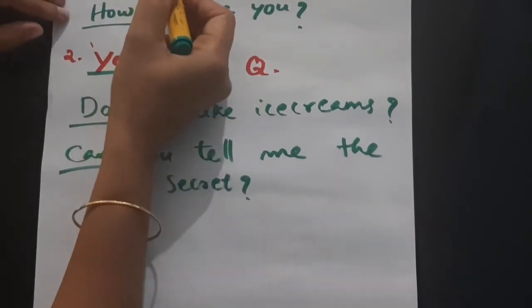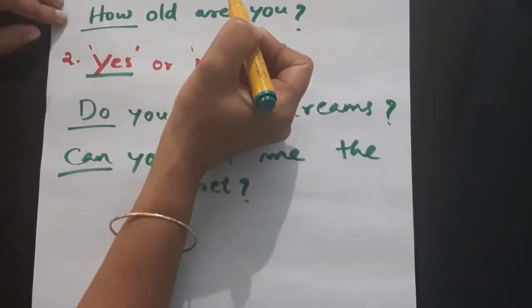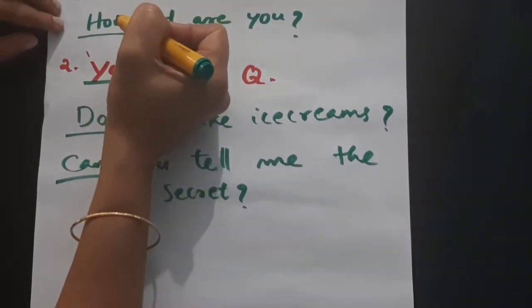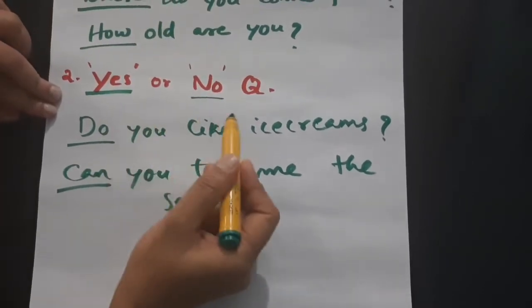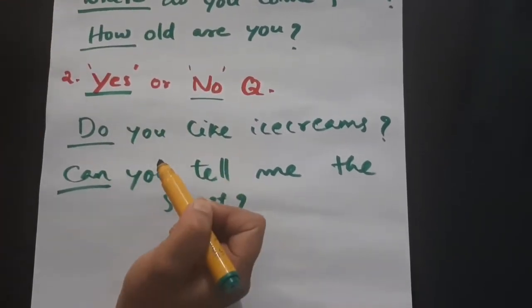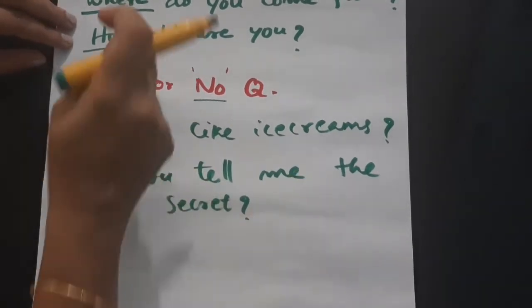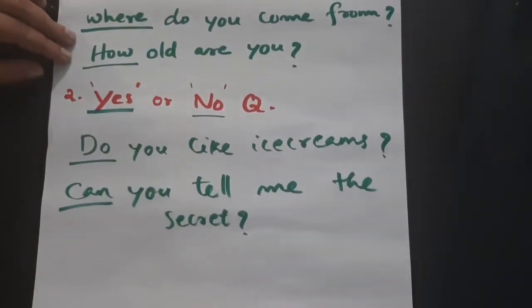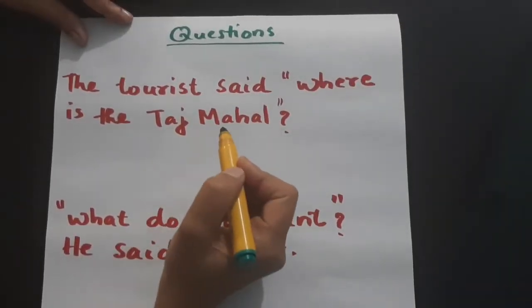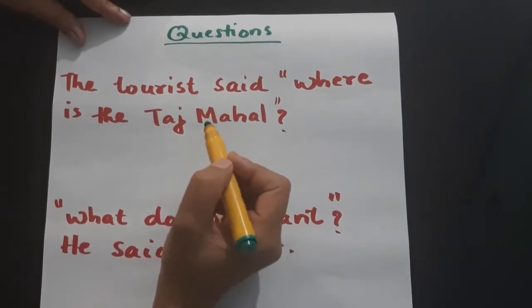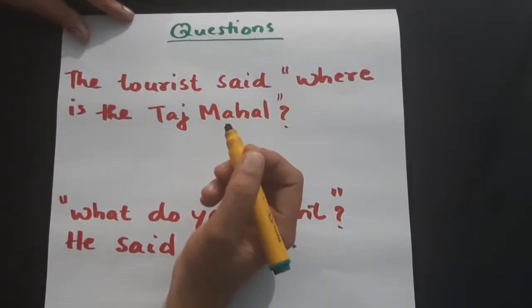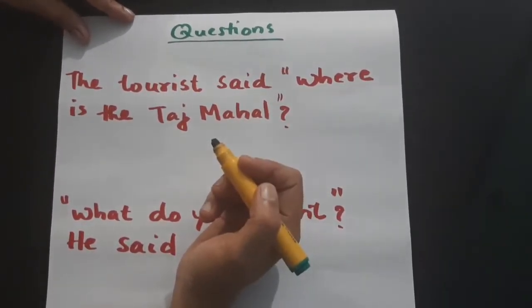In question word question, this will start with a question word, whereas in this type of questions, the question will start with an auxiliary verb. Okay, these are the two types of questions. So we have already discussed two different types of questions, that is question word question and yes or no questions.